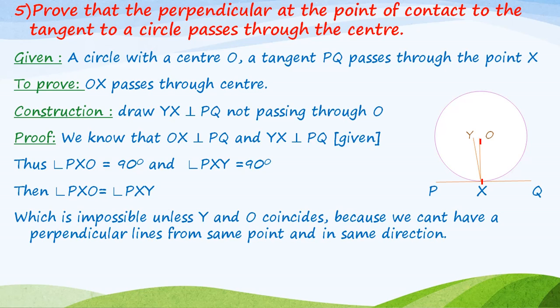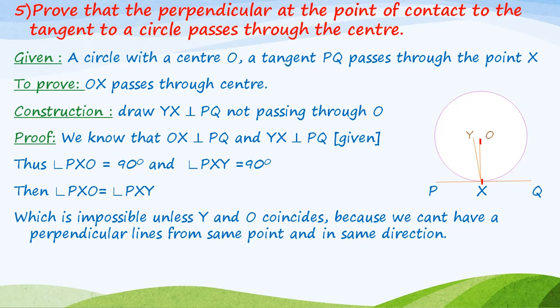We know that OX is perpendicular to PQ and YX is also perpendicular to PQ. YX is perpendicular to PQ by construction, and OX perpendicular to PQ we already know.